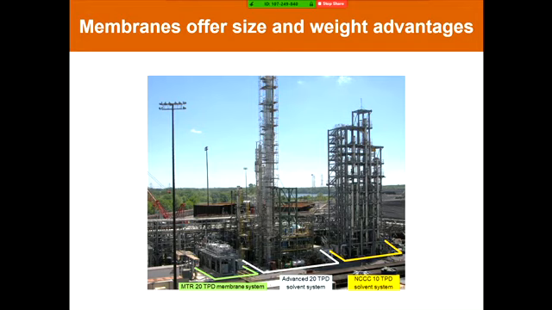Next to it is an advanced amine-based system that can also remove 20 tons per day. You can see the difference in size and, to a certain extent, complexity as well. And beside this one is a standard amine absorption system, and this one can only treat half the amount of CO2 as the membrane system.